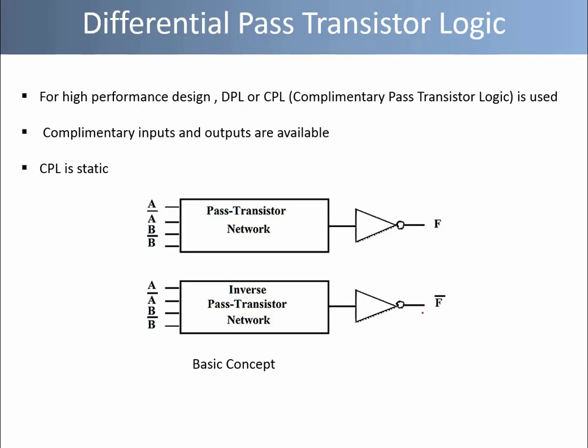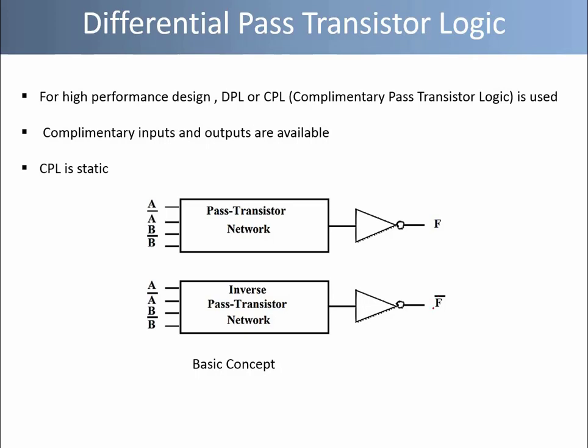So for CPL of any given logic function, we have two networks of pass transistors. First network implements a normal function, whereas the second network implements its inverse function. Normal and complementary outputs are simultaneously produced.